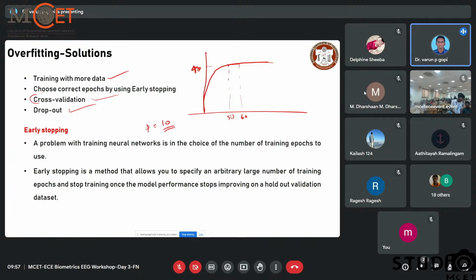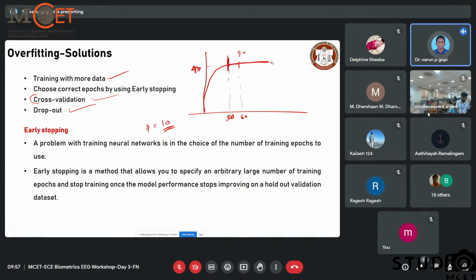So I am getting 10 epochs as my patience. I'm getting 90% at 60 epochs itself, so there is no change from 50 to 60. So my network will stop at this 50th epoch. So 50 epochs will be the value you are getting as a result. After that, the network is going to overfit.